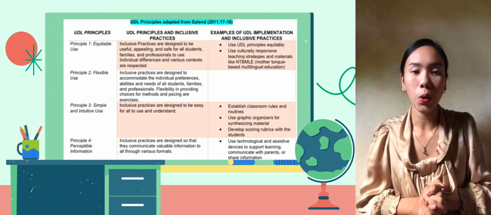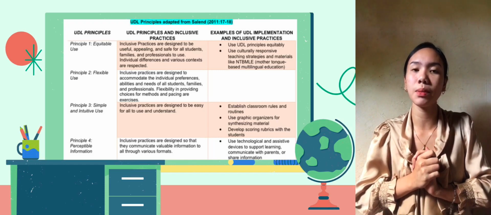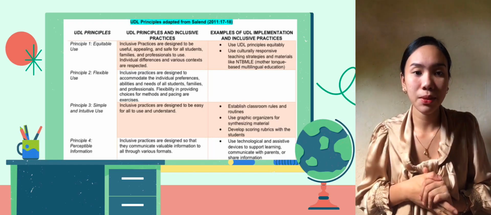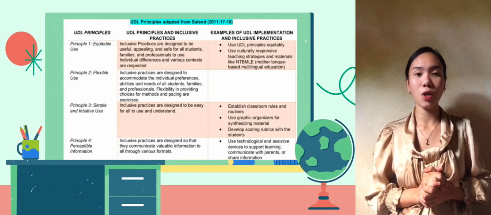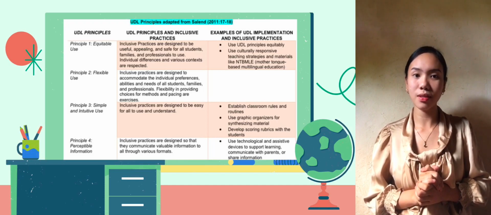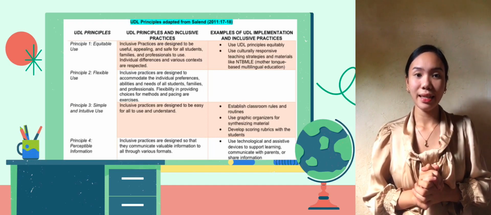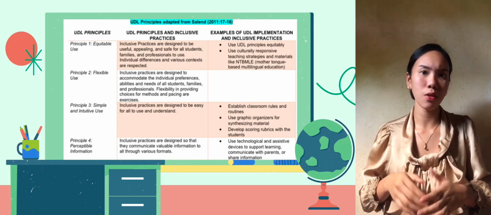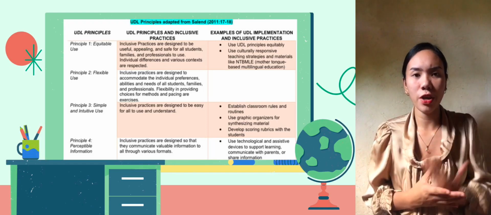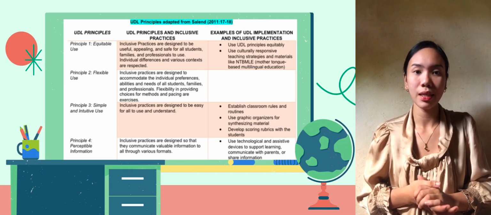Okay, so next, principle number 2, flexible use. So inclusive practices are designed to accommodate the individual preferences, abilities, and needs of all students, families, and professionals, not just all students, not just professionals, but also your family.